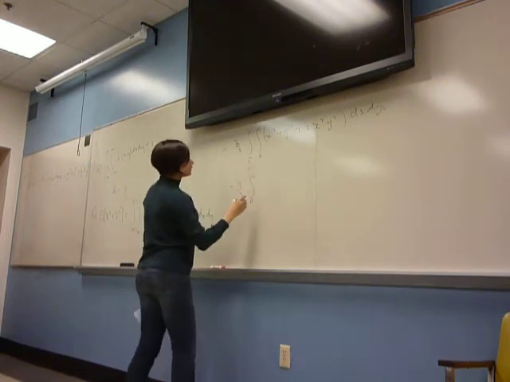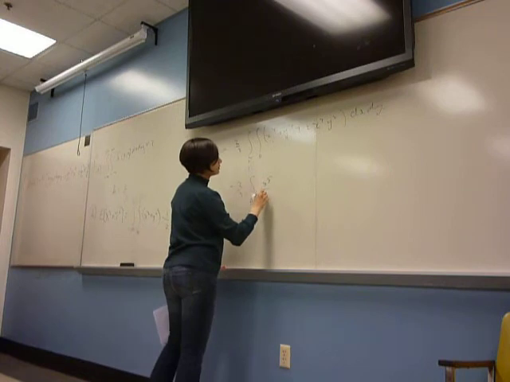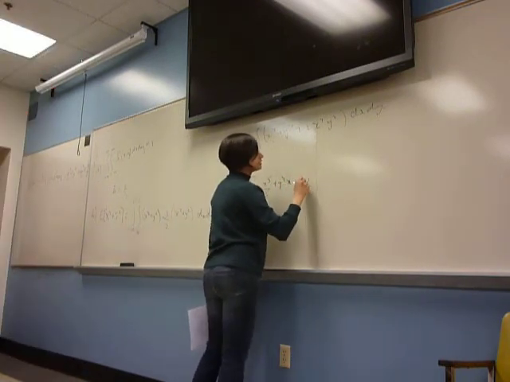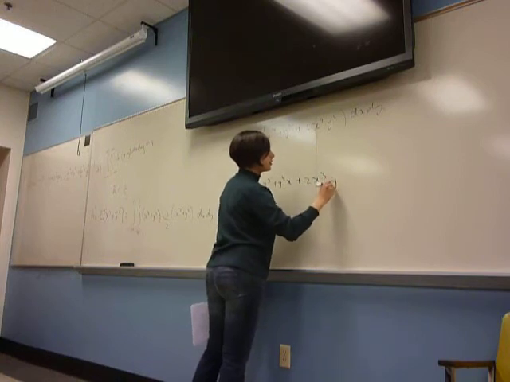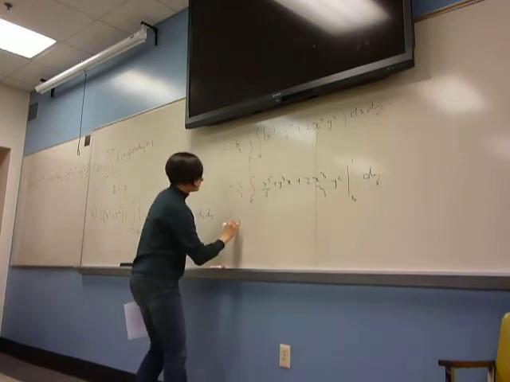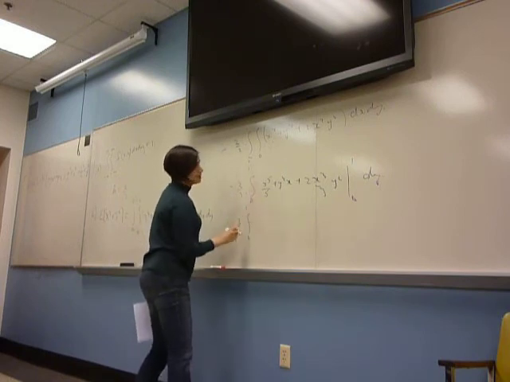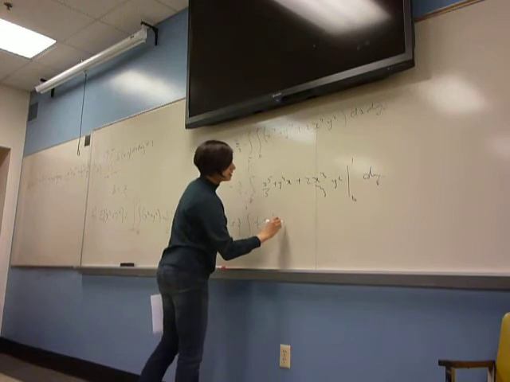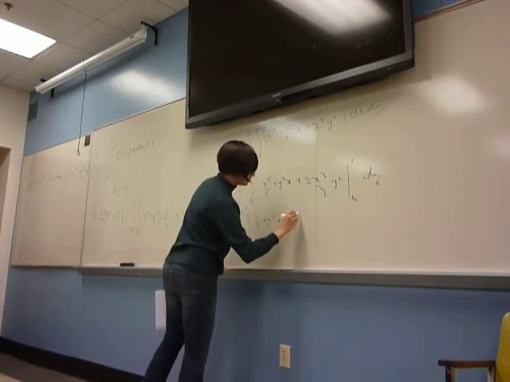With respect to x first, you get x to the 5th over 5, y to the 4th x, and 2x cubed over 3 times y squared, evaluated from 0 to 1: 1/5, plus y to the 4th, plus 2/3 y squared.